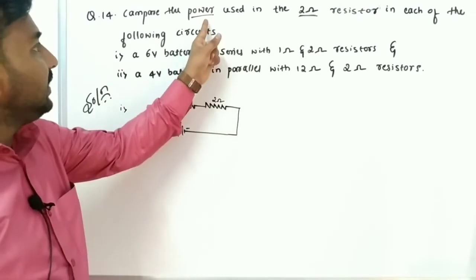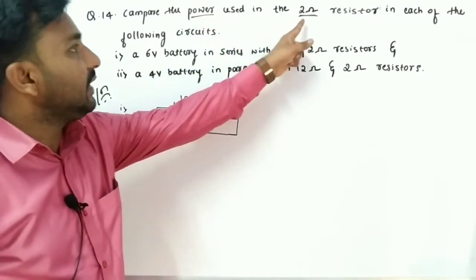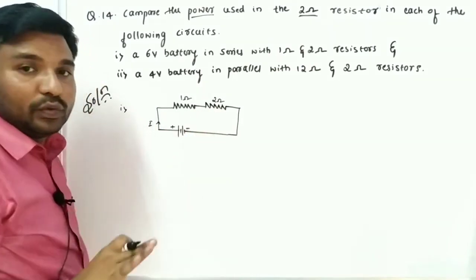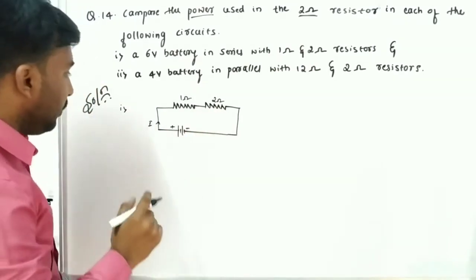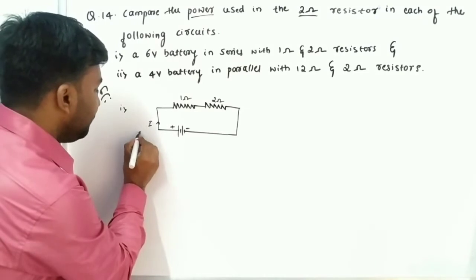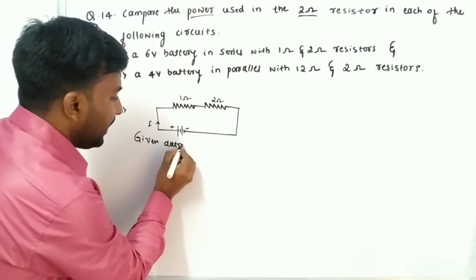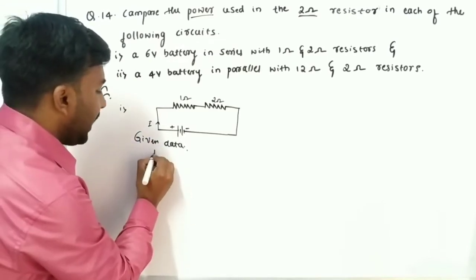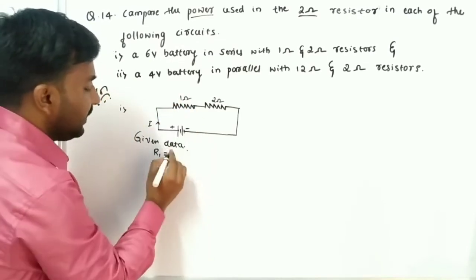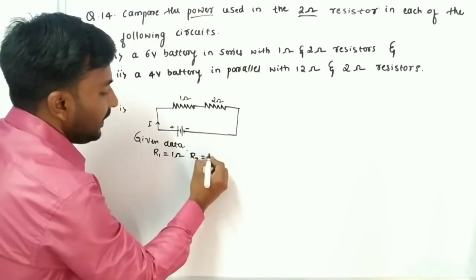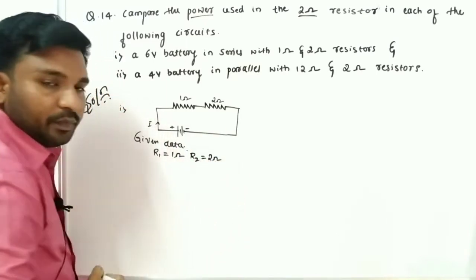So here I need to calculate power used in 2 ohm resistor. Okay, now what is the given data here? Given data is R1 is 1 ohm, whereas R2 is 2 ohm, right?